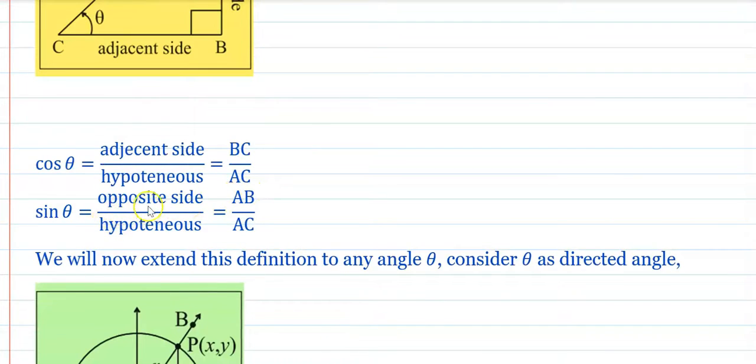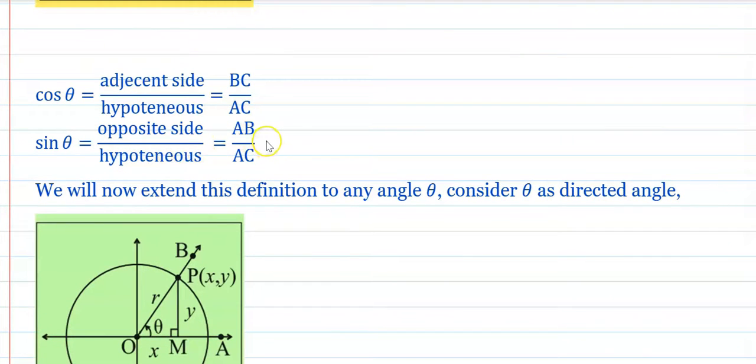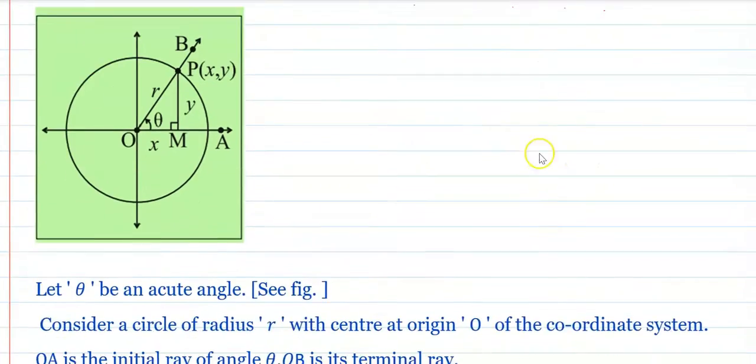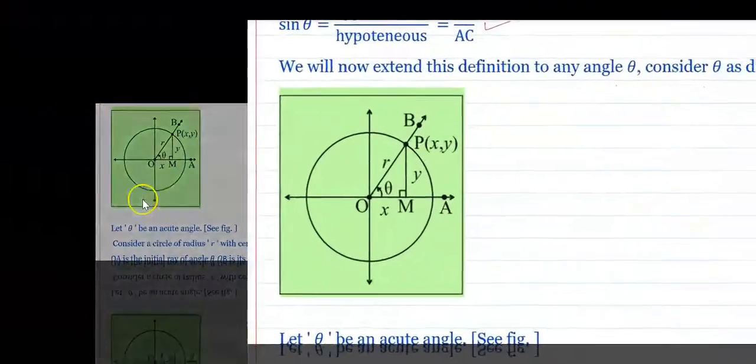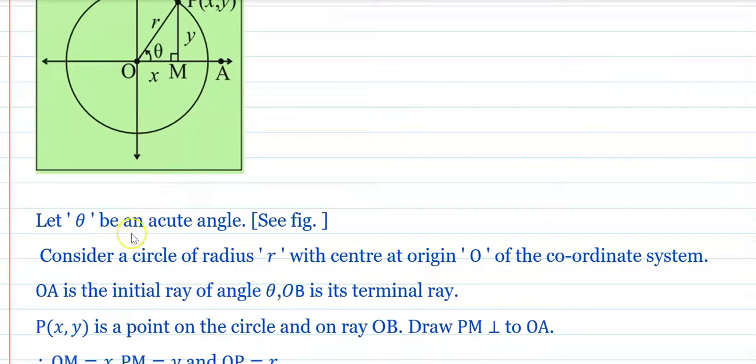For sine theta, opposite side upon hypotenuse, AB upon AC. We will now extend this definition to any angle theta. Consider theta as a directed angle. Directed angle means it starts from the positive direction of the x-axis. Theta is a directed angle. OP is the terminal ray. It makes an angle of theta in the positive direction of the x-axis.